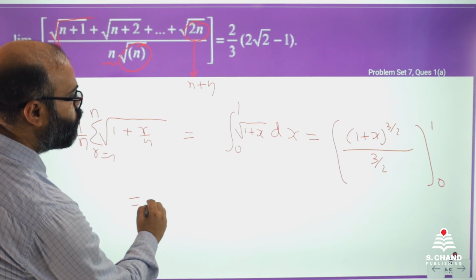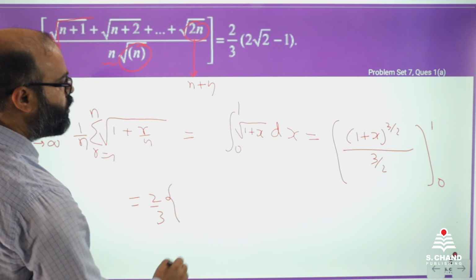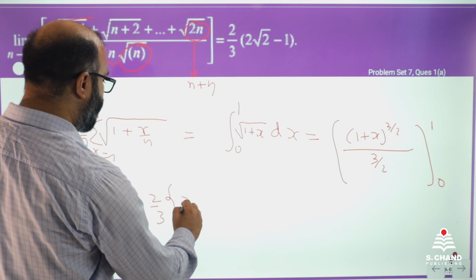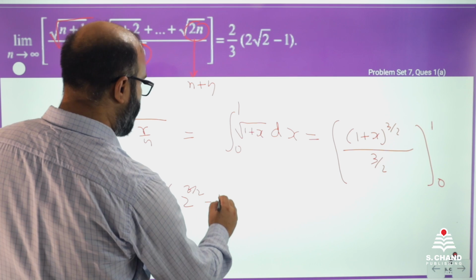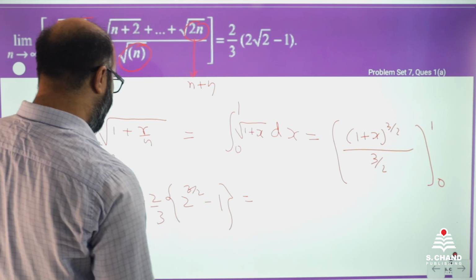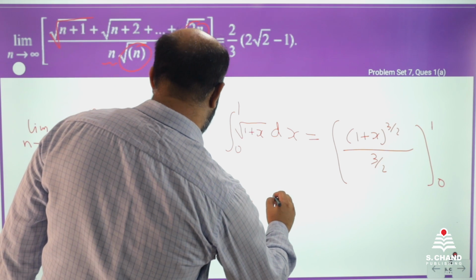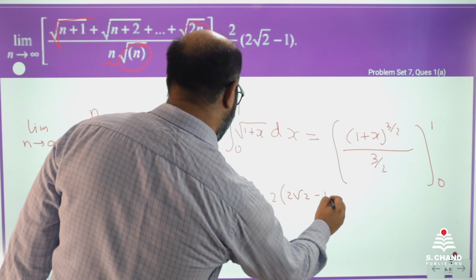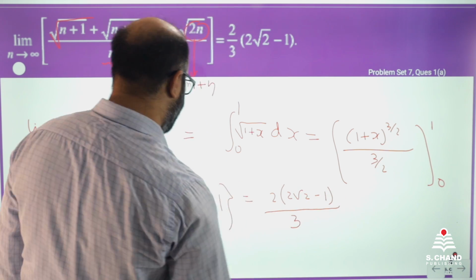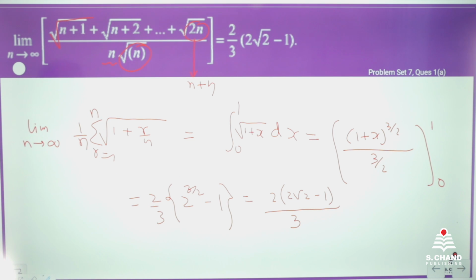So this will give you 2 by 3, and you put the limit 1, so you will get 2 to the power 3 by 2, minus you put the limit 0, then you will get 1. So you get the answer as 2 into 2 root 2 minus 1 by 3. This will be the final answer which you will get.